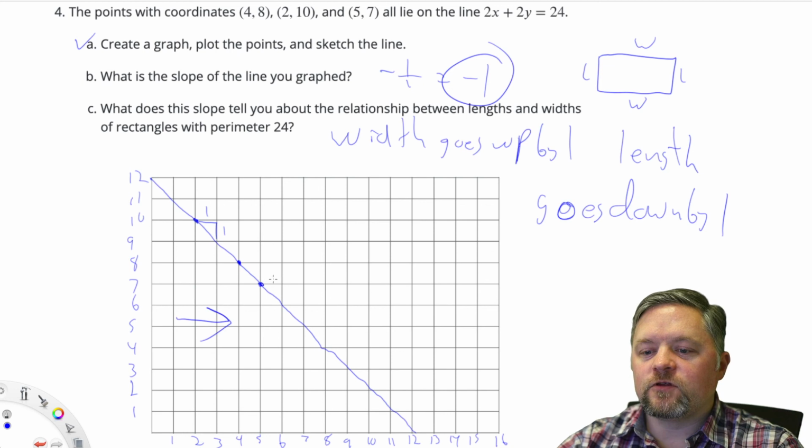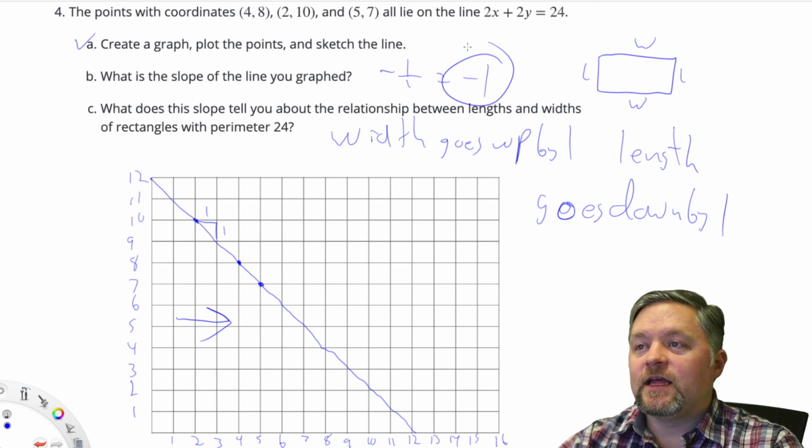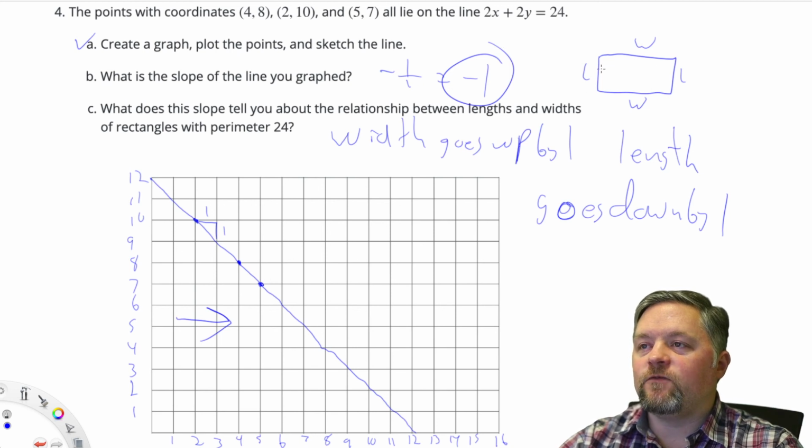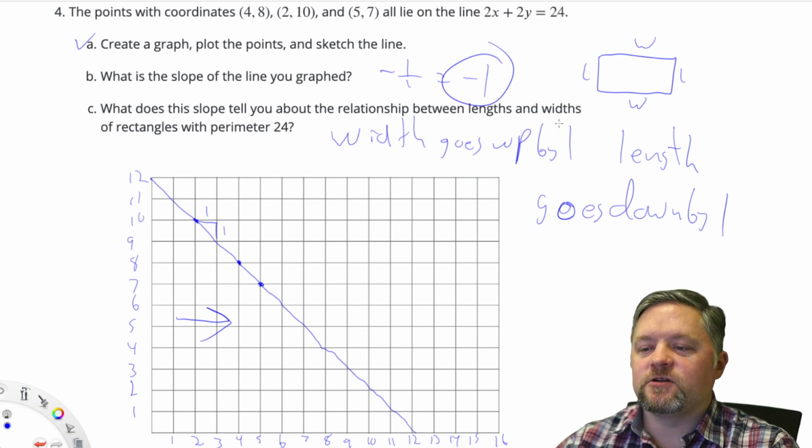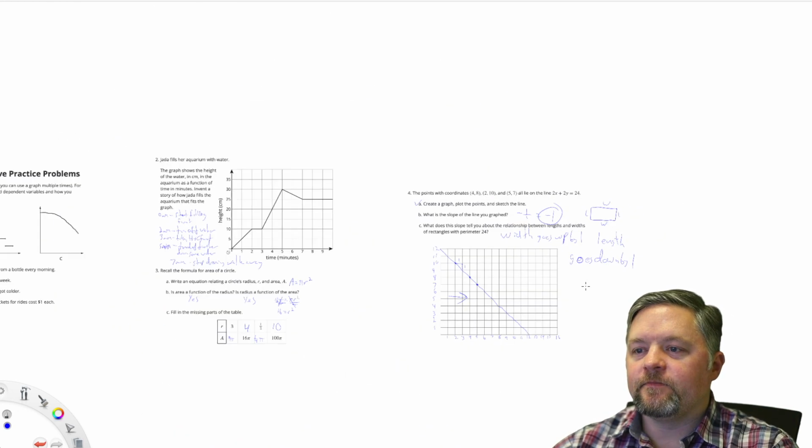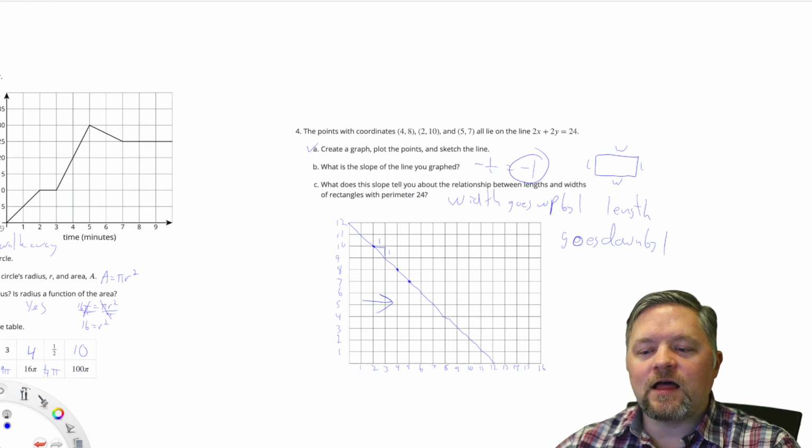If we go to the right 1, we go down 1, which makes sense because if the perimeter is staying 24, if this gets 1 unit longer, this needs to get 1 unit shorter so that the perimeter stays the same. That was our last one for today.